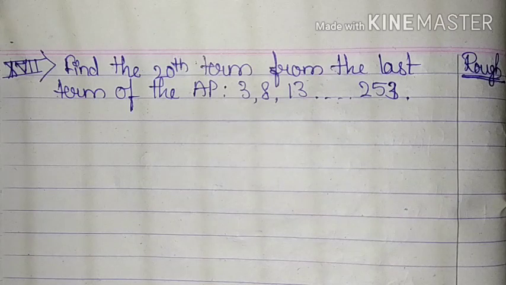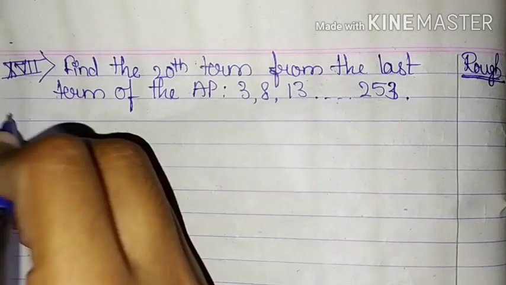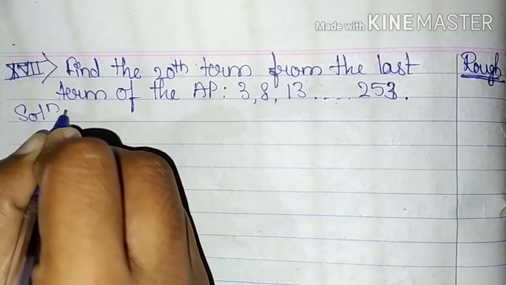But in this question, they have asked us to find the 20th term of the AP from the end, that is the 20th term from the last term, that is 253. So we have to go in reverse order here. So first let us write down the solution.